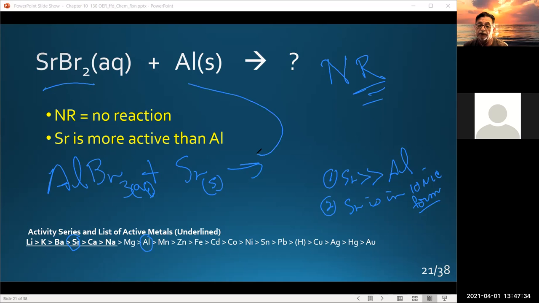In fact, the products you would get will be aluminum metal and strontium bromide. Why? Because strontium is the most reactive metal in this reaction, the second one I wrote in blue, and it's in elemental form, not in compound form. So the reaction proceeds. So when the forward reaction has no reaction, then the opposite reaction, yes, it would react.